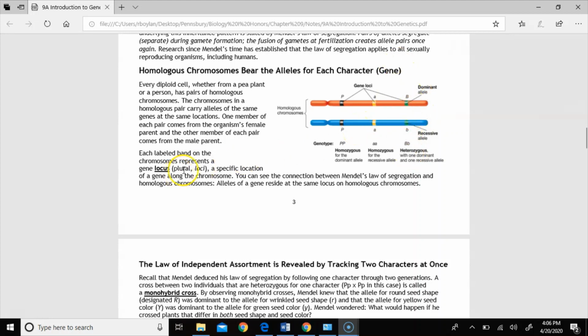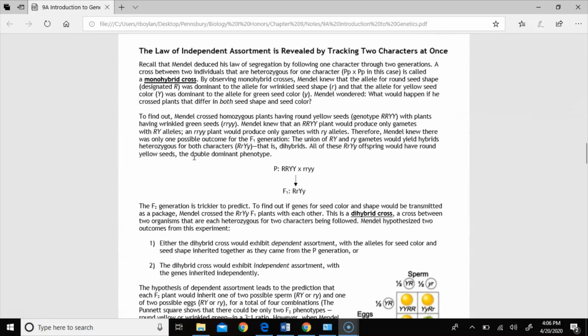Now we're going to move ahead to something that's a little bit tricky for kids to wrap their head around, but as long as you know how to FOIL, you should be just fine. Let's take a look at the law of independent assortment. All this is, we're going to do the same thing that we just did, only we're going to look at 2 characters at the same time, or two genes basically at the same time.